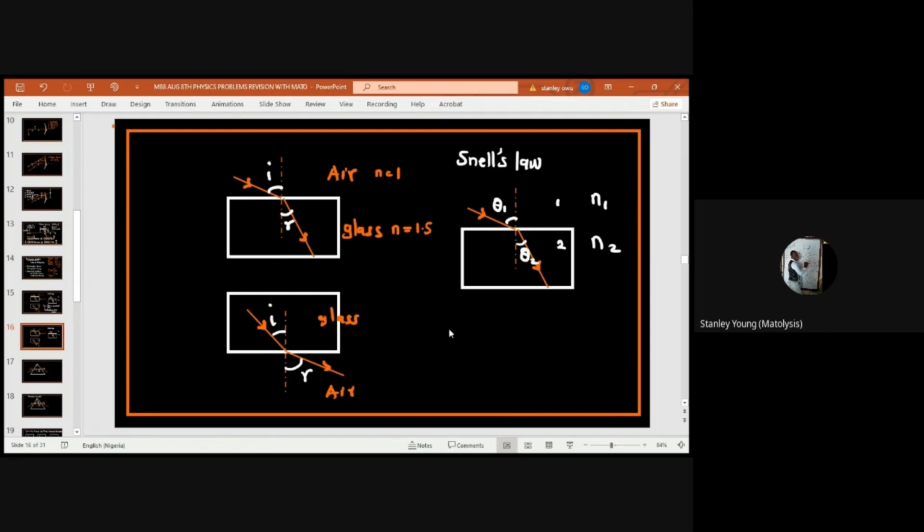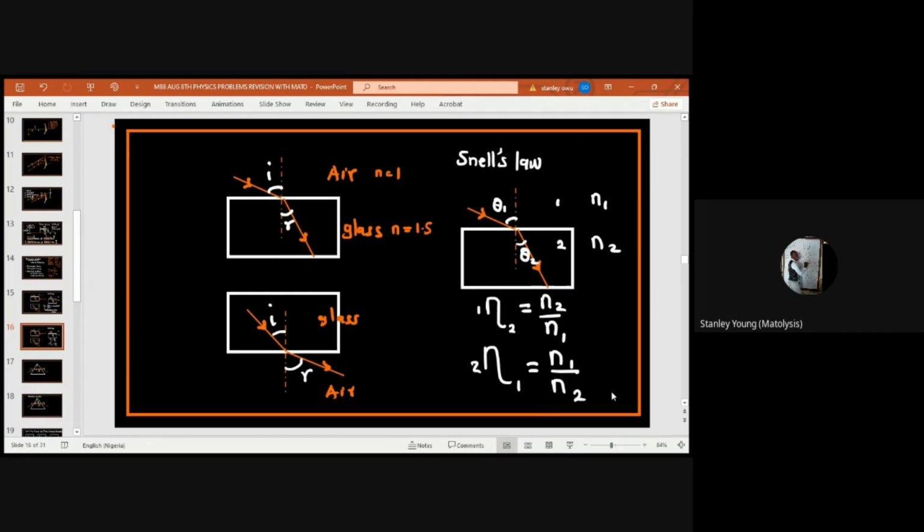Because this ray is traveling from 1 to 2, we have something like this. This indicates traveling from 1 to 2, and this is going to be N2 over N1. Similarly, if the ray was traveling from 2 to 1, if I reverse the arrow, this is going to give us N1 over N2.